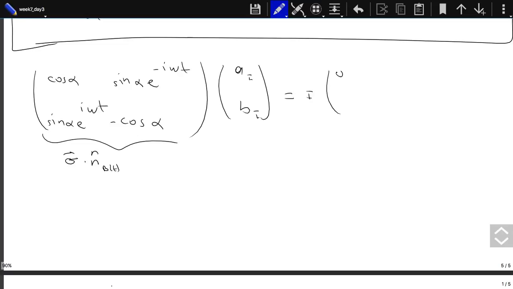Now plus or minus A, plus or minus B, plus or minus. So we have cosine alpha times A plus or minus plus sine alpha e to the power minus i omega t B plus or minus. This should be equal to minus or plus A plus or minus.